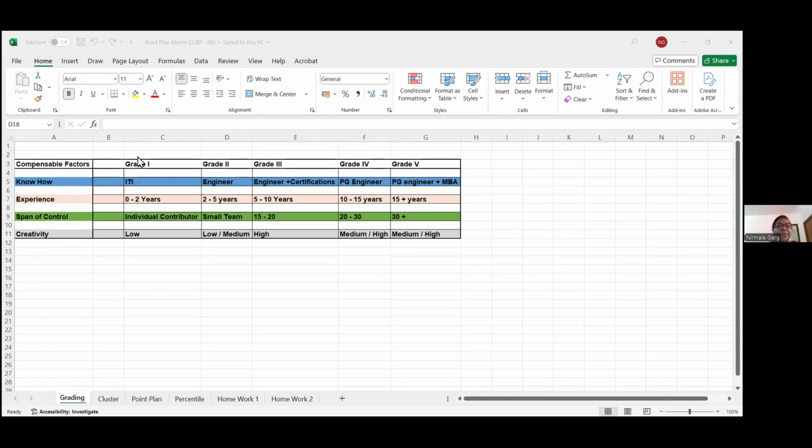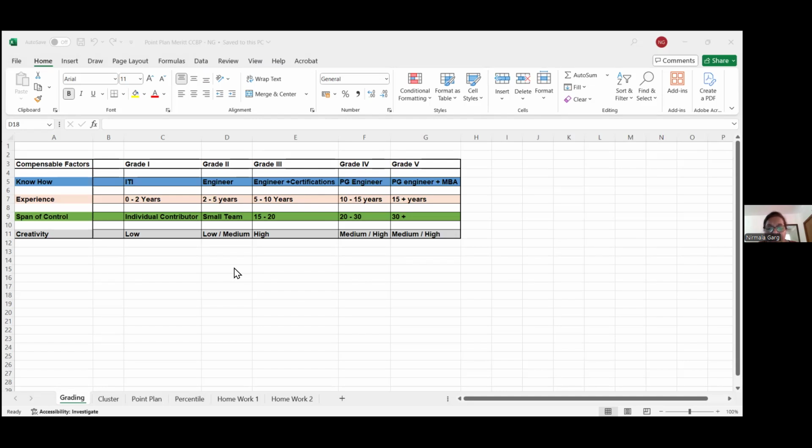Say, for example, I have here how many grades? Grade 1 to grade 5, 5 grades. Grade 1 being the lowest and grade 5 being the highest. Now, having said that, I also need to identify compensable factors. Has anybody come across a name called compensable factors?